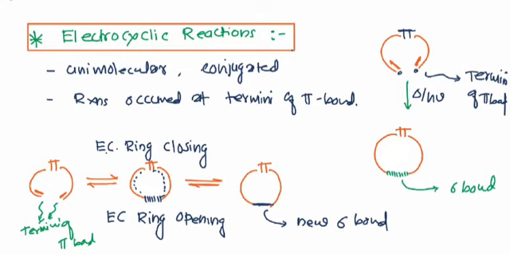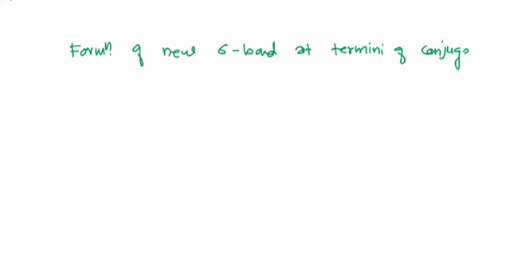So the definition is the formation of a new sigma bond at the termini of a conjugated pi system. That phenomenon is called an electrocyclic reaction.